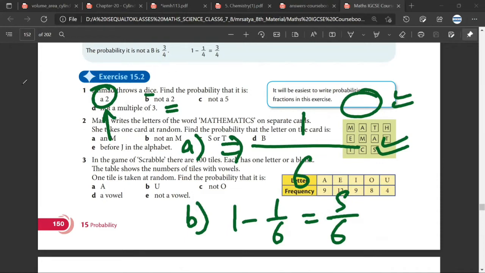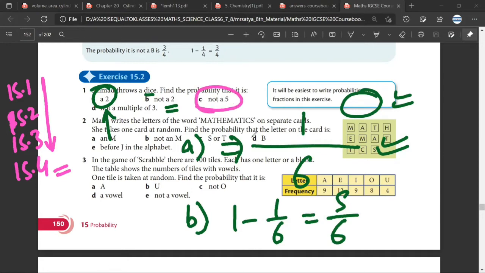When we go to 15.3, you should understand 15.1 and 15.2 first. Then you'll be able to understand 15.3. When we go to 15.3, all the things would be required. Satya, can you tell me this? Not a 5. So 1 minus 5/6. Beta, 5 is your choice. 5 is the number of choice, 5 is not the number of options. Have you understood?